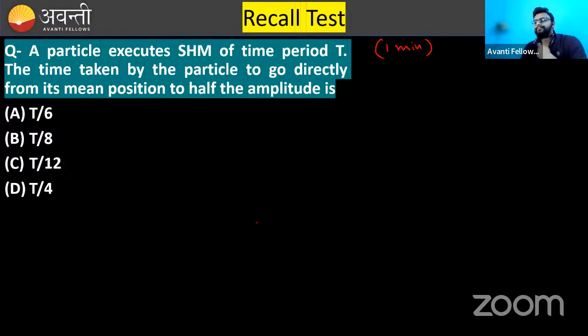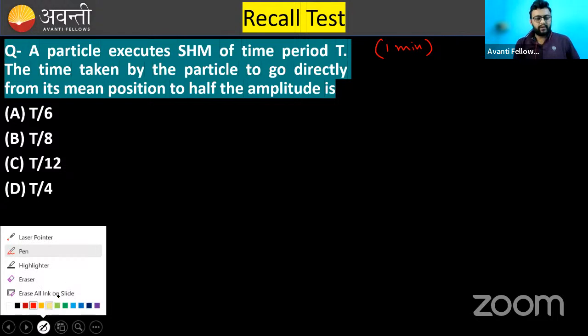Try to read and solve. I hope you are solving.